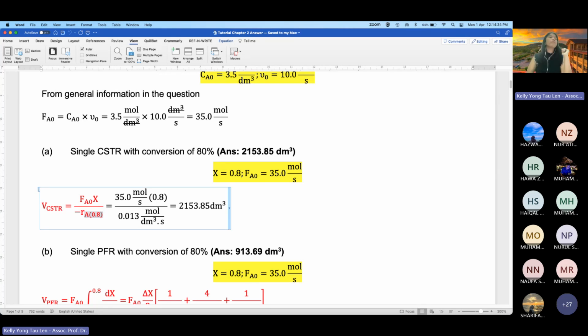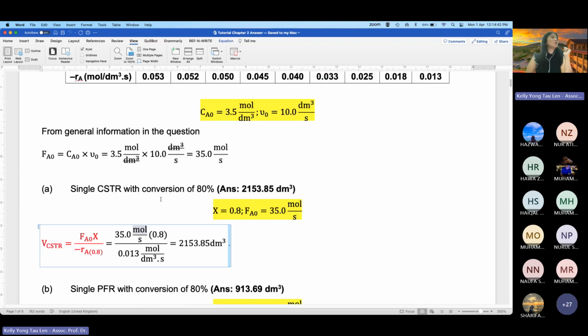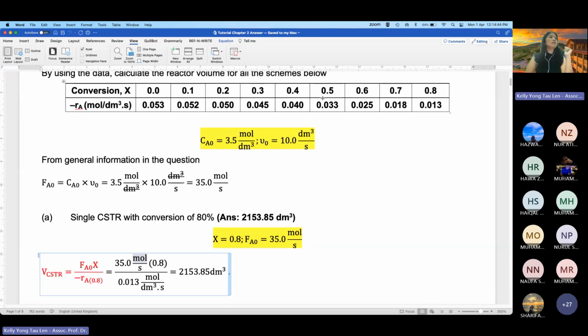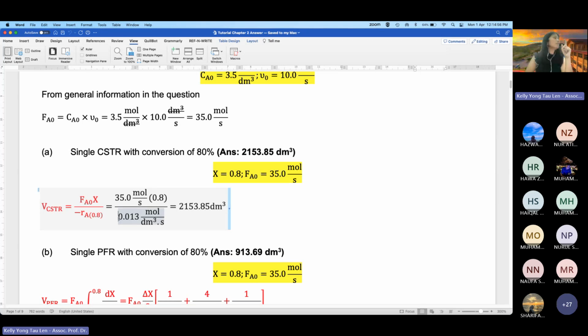Okay, so let us solve. FA naught is 35 mole per second as we calculated. The X is 0.8. For the minus RA, as I mentioned, you go to the table and check. When my conversion is 0.8, my minus RA is 0.013. So I will substitute my minus RA with 0.013.